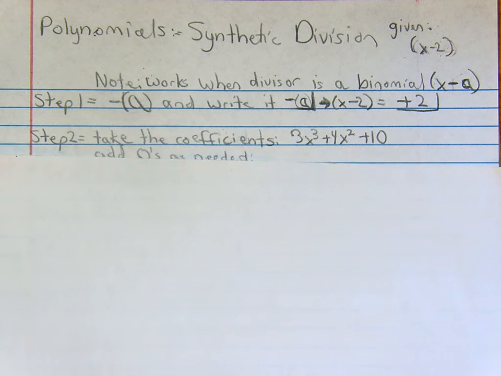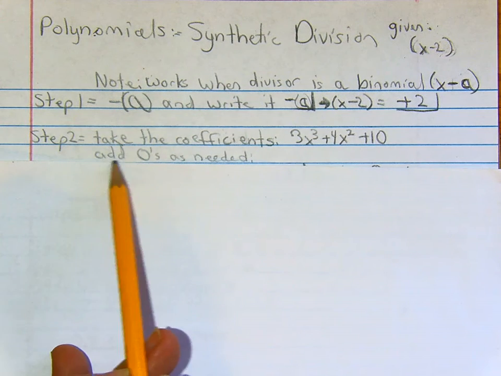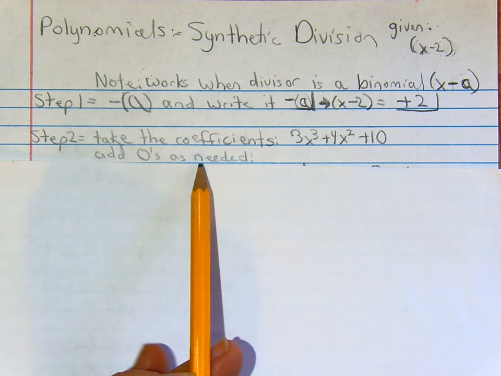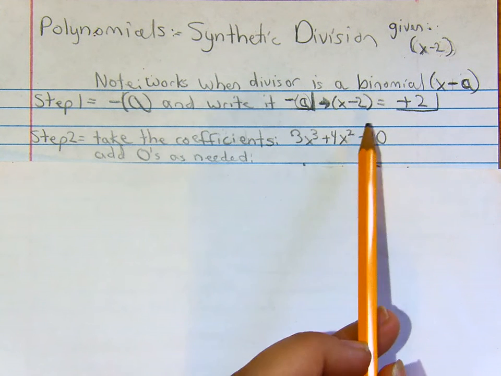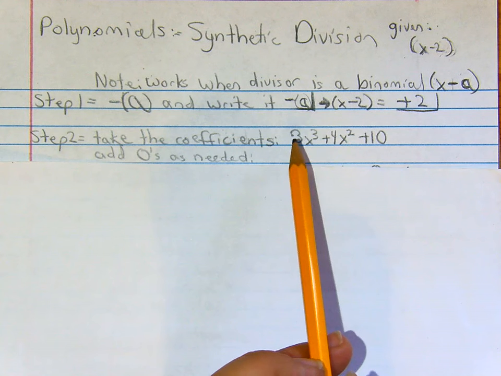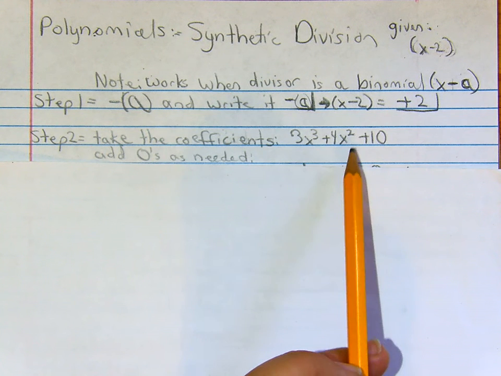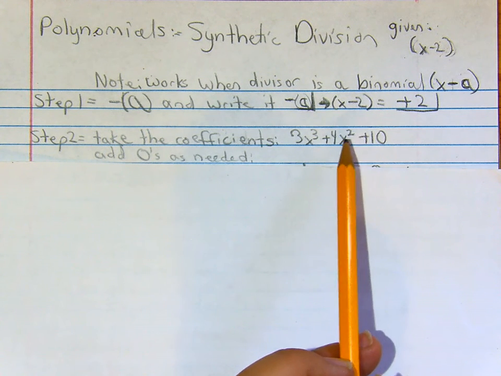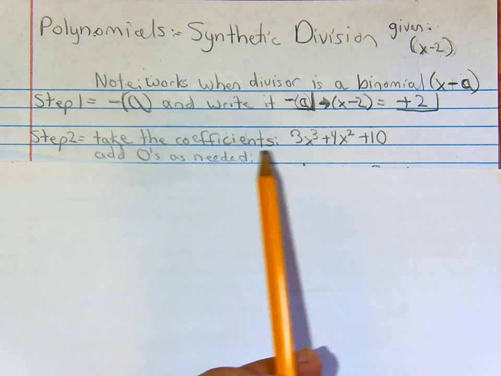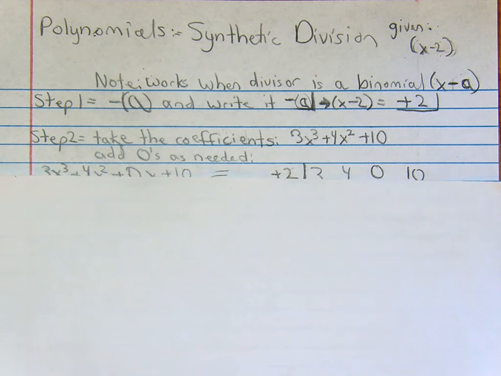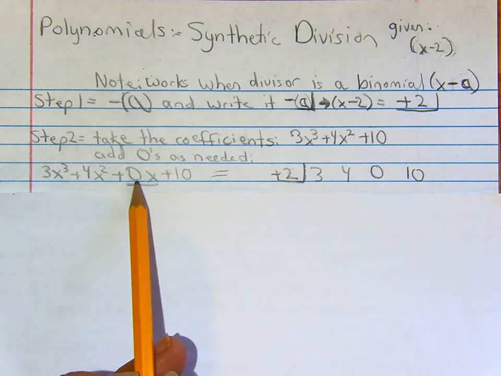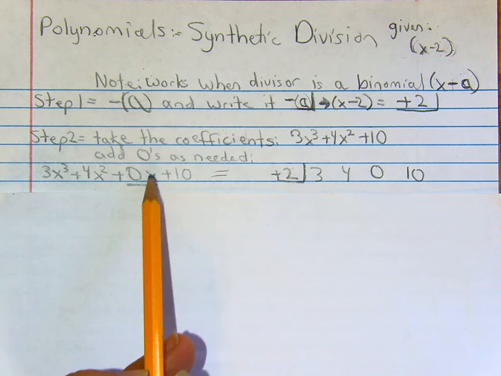So step 2, we're going to take the coefficients of our polynomial, making sure that if we need to, we add zeros where we need to. In this situation, we have x to the third, x to the second, but we don't have an x to the 1, so that is going to be rewritten with 0x to the 1.